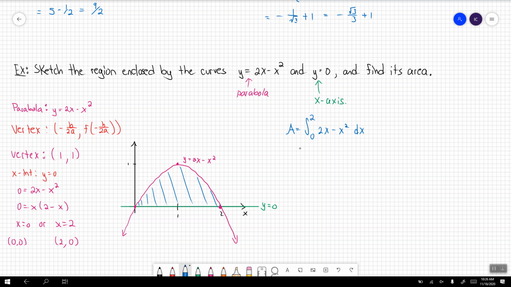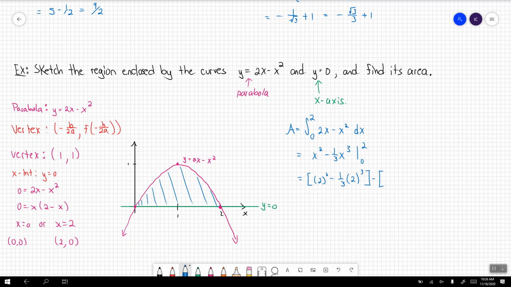All we have to do is find this integral. Antiderivative for 2x should just be x squared. Antiderivative for x squared, add 1 to the exponent, multiply by the reciprocal, evaluate this from 0 to 2. 2 squared minus 1/3 times 2 cubed.